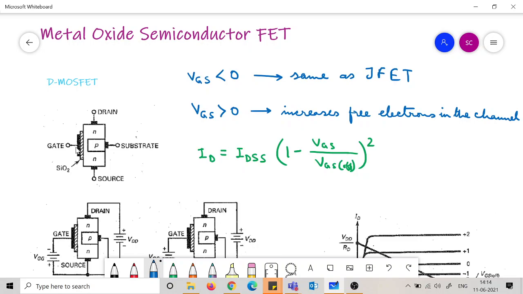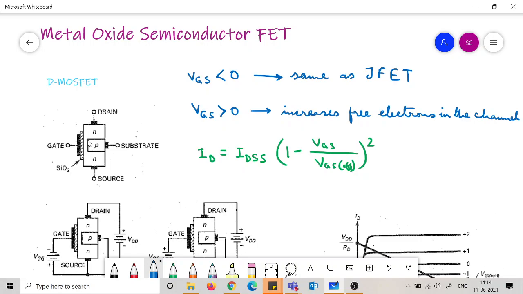Why does this happen here? You can see that if the gate is negative, the source is positive, then the substrate is connected to the source, so the substrate is also positive. So the holes here are getting pushed further away from this side. This means they are trying to enter this narrow region.